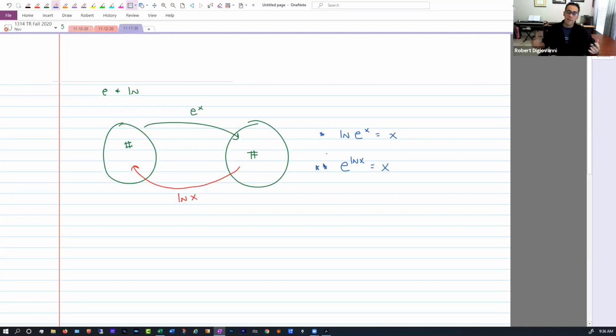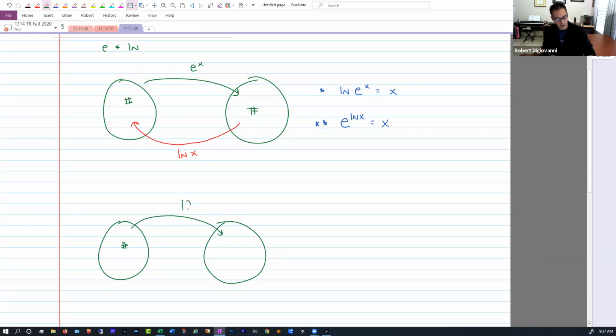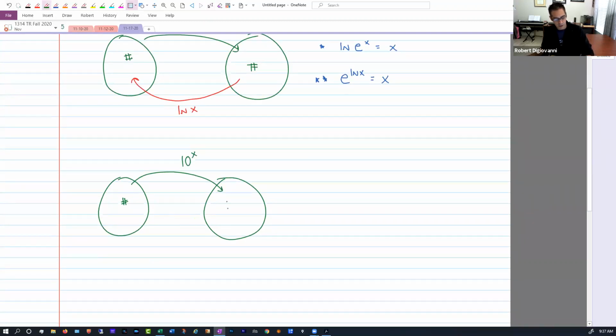We have something very similar that happens when, instead of E, we use the number 10. So if I were to start here with some numbers and send them through the function 10 to the X, then we would get some outputs. I can make a quick little table over here to show you.